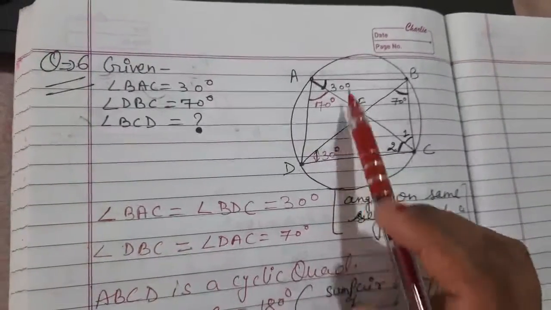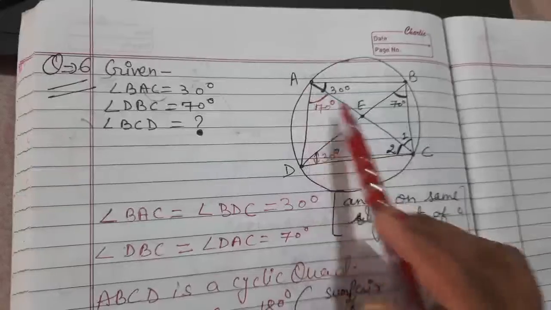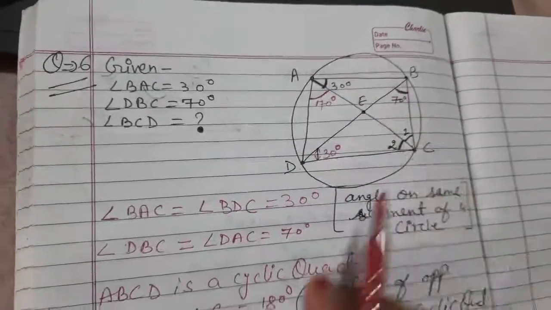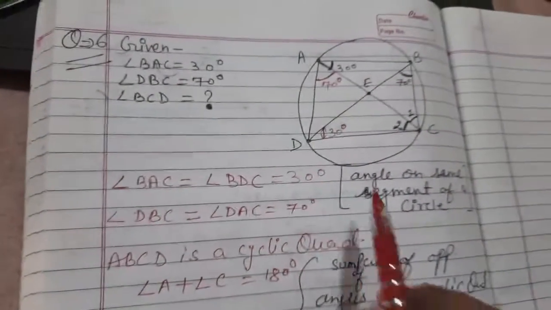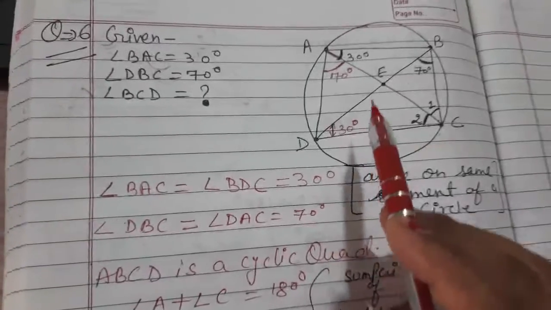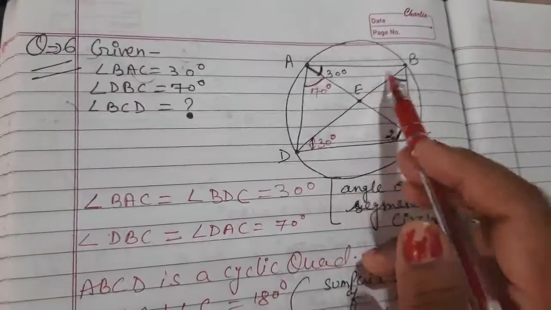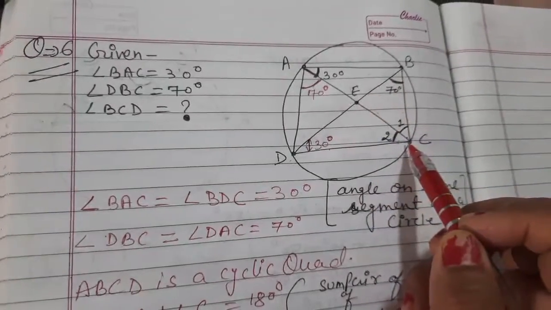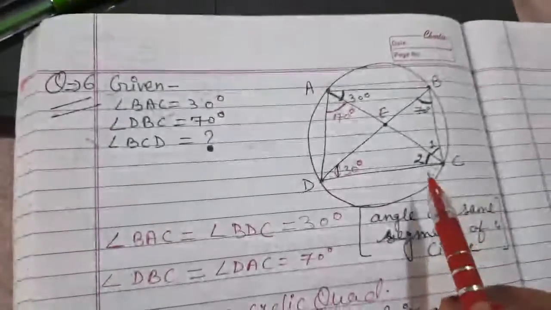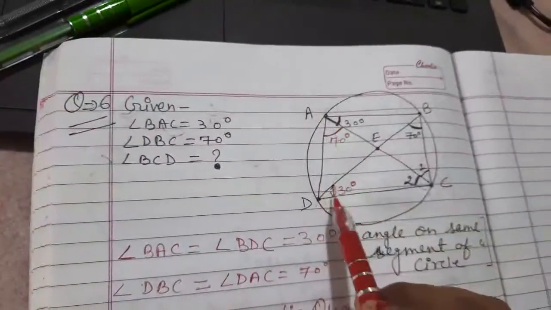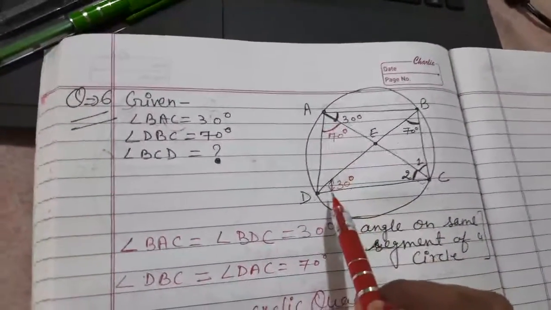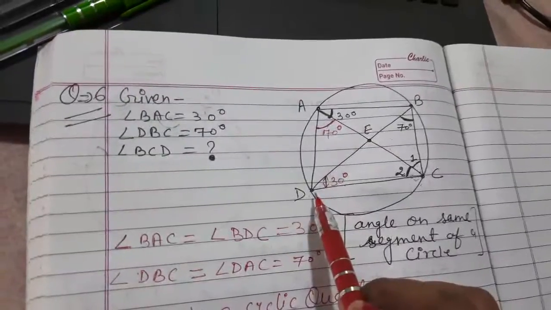So these two angles will be equal. Angle BAC and BDC are angles formed by the same segment. Same property we will apply for the 70 degree angle also. Angle DBC and angle CAD are again 70 degrees, formed by the same segment, that is DC.